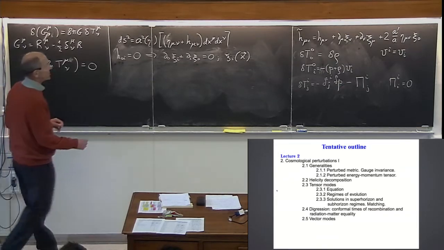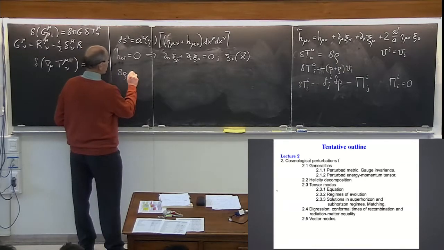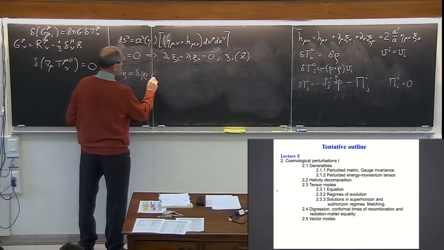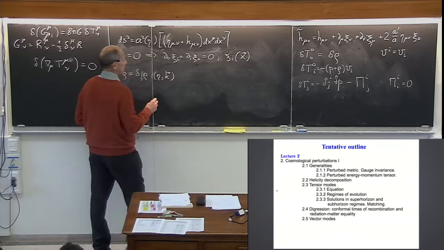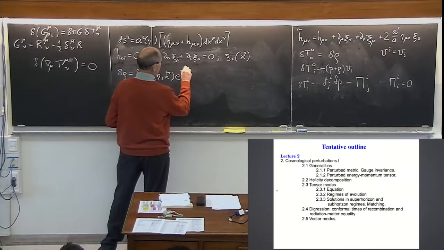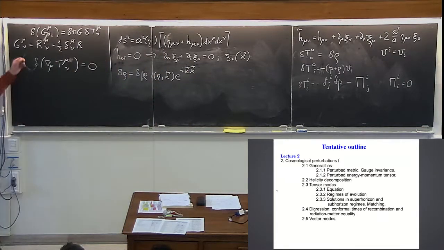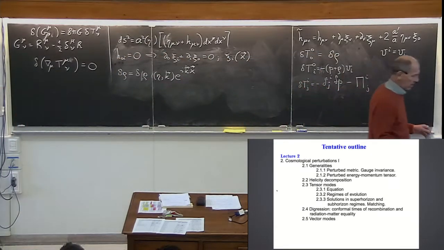So all my functions, for example, delta rho, etc., everything will actually be delta rho of time eta and momentum k times e to the i k x, right? Obviously, what I'm going to get is the equation which is homogeneous in space, and therefore solving it, it's natural to go to Fourier space.